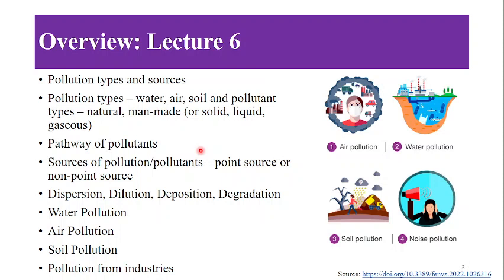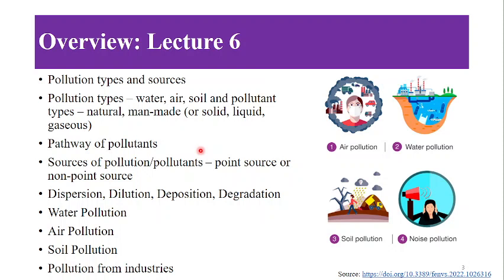So you cannot tell the exact source of your pollutant. For example, when rainwater washes away pollutants from the soil, or sewage, and it gets mixed with the river water or surface water, you cannot pinpoint a particular source of pollution.